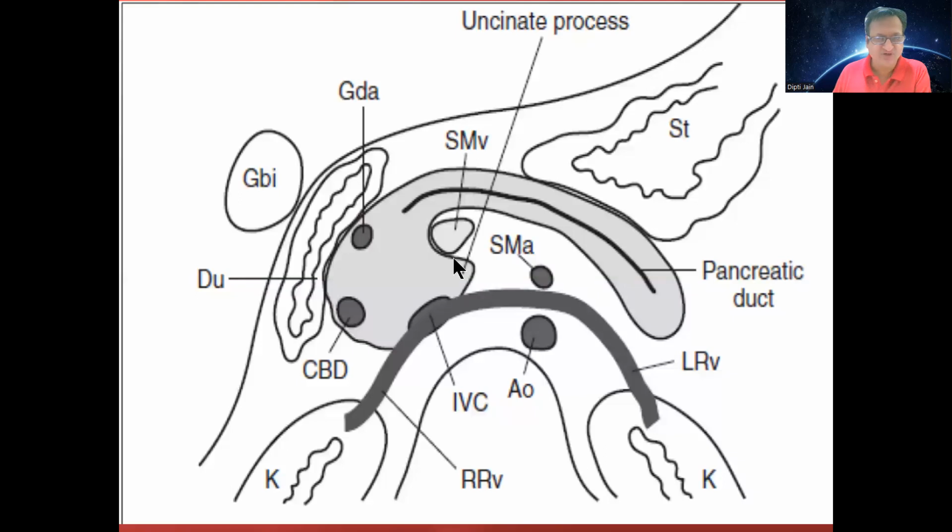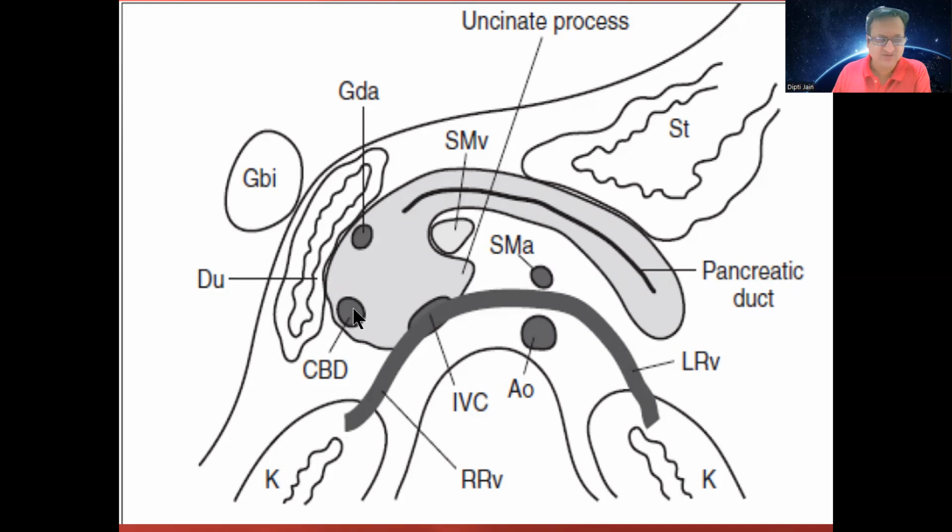So now we will discuss the relationship of the pancreatic head in the diagram. The IVC is posterior to the head. Medially, there is superior mesenteric vein and superior mesenteric artery. Laterally, there is duodenum. In the anterolateral portion of the head of the pancreas, gastroduodenal artery is there.